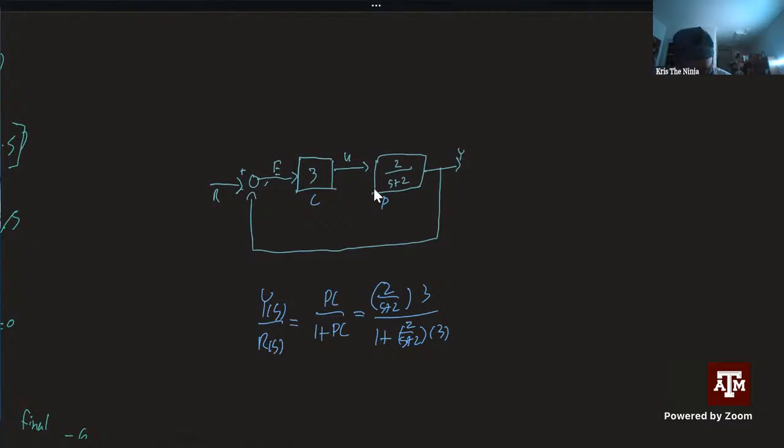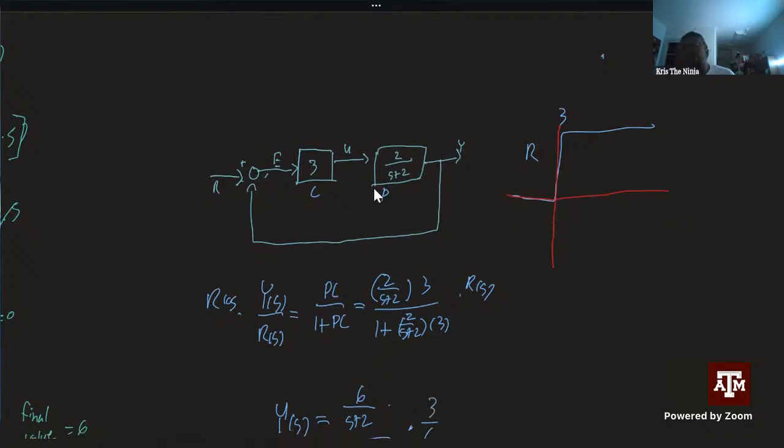I don't think he gave us R of S. Oh, I think R is another step function, so we need to multiply by R of S. Then that cancels with that, and we end up having Y of S equals 6 over S plus 2, over 1 plus 6 over S plus 2 multiplied by 3 over S, and that's our Y of S equation.